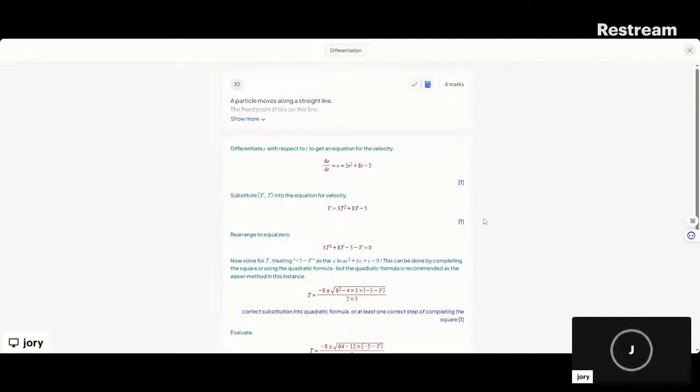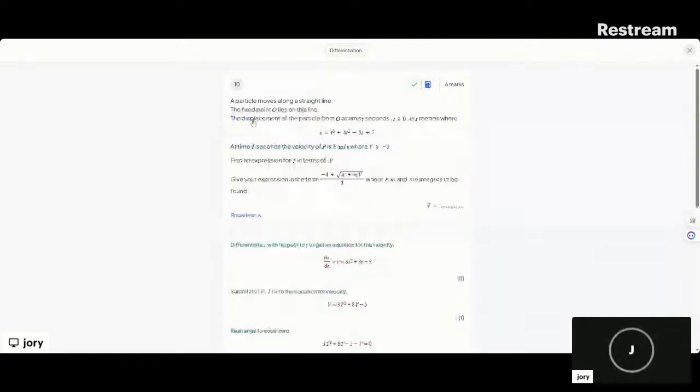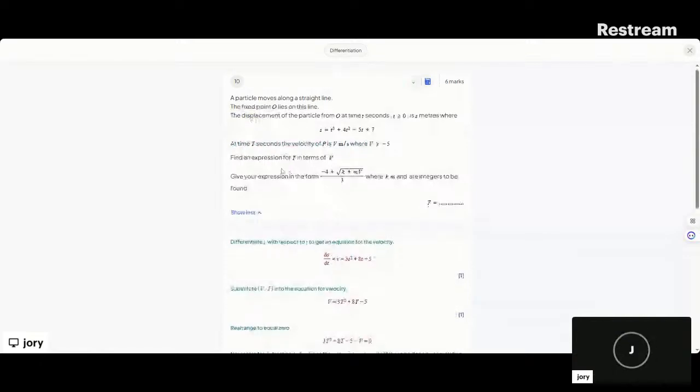Wait, what? It gave me meters equals an equation in seconds. If I want velocity, I just do the first derivative. Okay, in order to solve, when you have meters equals seconds, you can do the first derivative on the seconds and get the velocity.